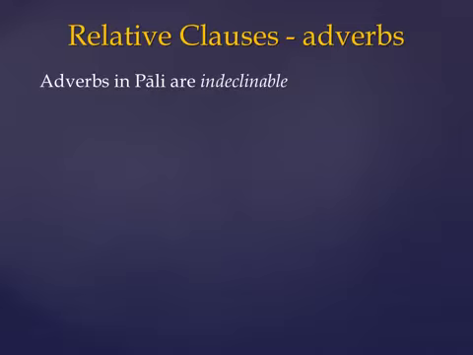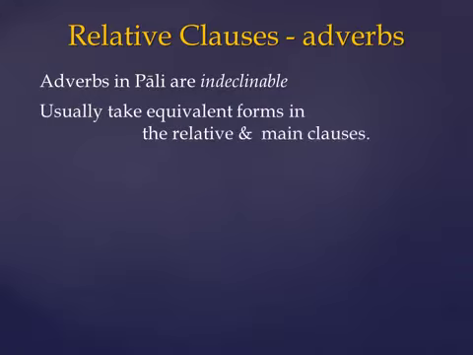Now, the good news is, when relative adverbs are used to form relative clauses, their construction is much simpler than with pronouns. For instance, the relative and the correlative adverb in the two clauses often have equivalent forms. And because they're unable to take case, they have a much more limited scope than pronouns.